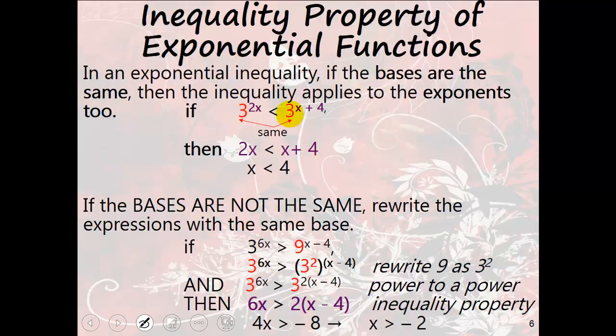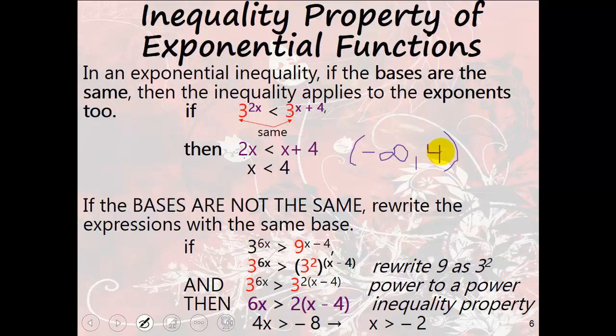All right, so that means that 2x has to be less than x plus 4. I subtract x from both sides, and that means x has to be less than 4. If we wanted to write it in interval notation, that would be negative infinity to 4, parentheses.